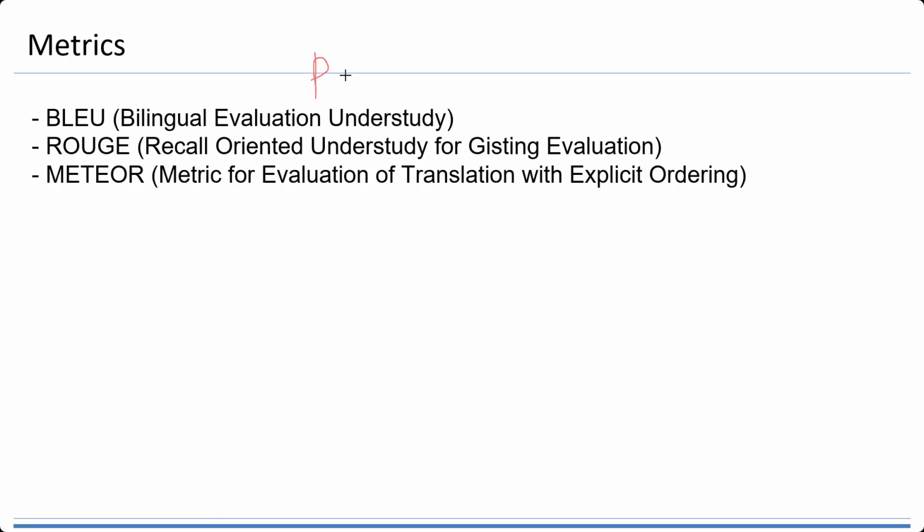We have ROUGE-1, we have ROUGE-2, and then we have different kinds of ROUGE. METEOR is the metric for evaluation of translation with explicit ordering. So we learn those things. Please review this one. Then there will be one problem about this.